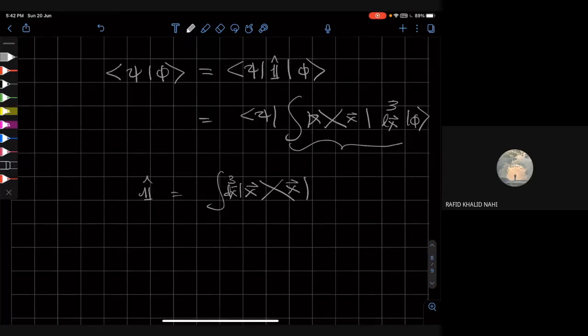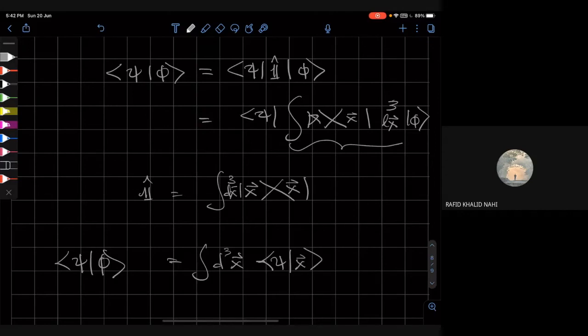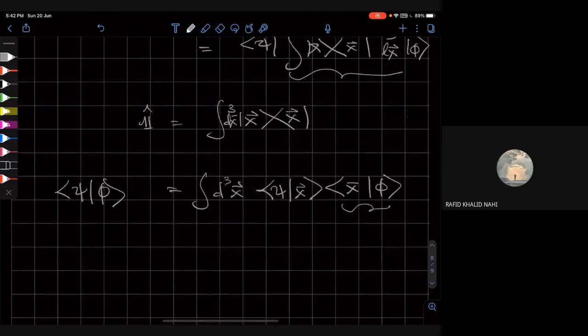And then what we can see is that we can then write the bracket of psi and phi as d cubed x times psi of x times phi of x. But what is this? This is the wave function phi of x at some time t, which I'm not interested in right now.